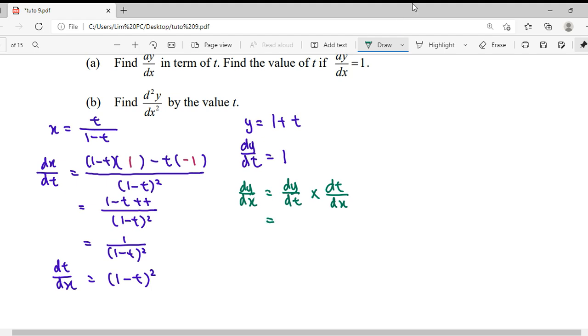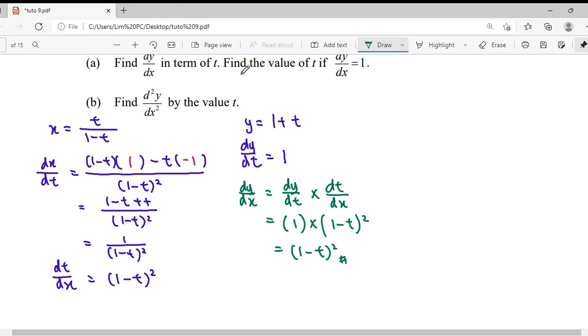Dy dt, we substitute in our result 1. dt dx, we substitute in our result 1 minus t squared. So it will give us 1 minus t squared. So we already find our dy dx in terms of t.